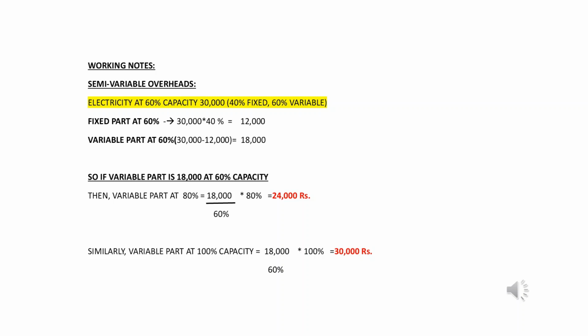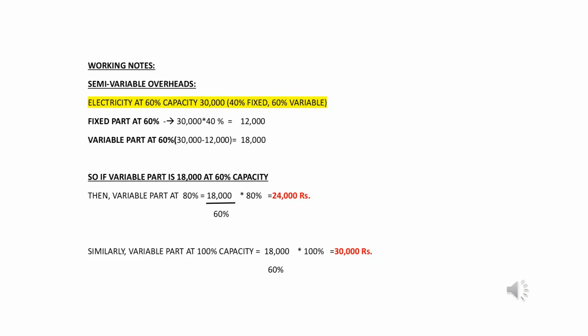Now coming to capacity at 80%, if 18,000 rupees was the variable part at 60% capacity, so variable part at 80% capacity will be 18,000 divided by 60% into 80%, that is 24,000 rupees. Whereas fixed part will remain same at 80% also, that is 12,000 rupees, like it was at 60% capacity.